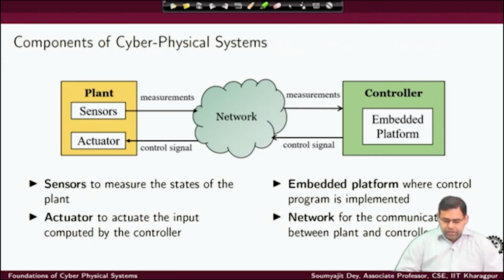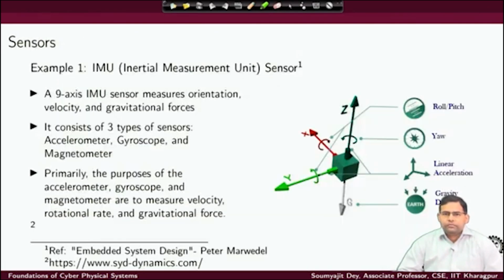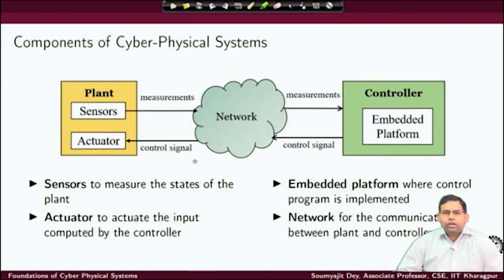Like we said, this channel can be a wired bus, it can be even the internet, it can also be a wireless real time network. So, what we will do today is first talk about these sensors, because sensors form a real part of a CPS, right.